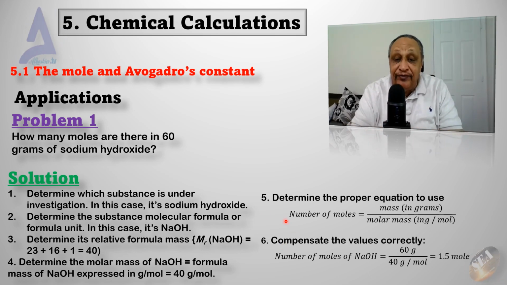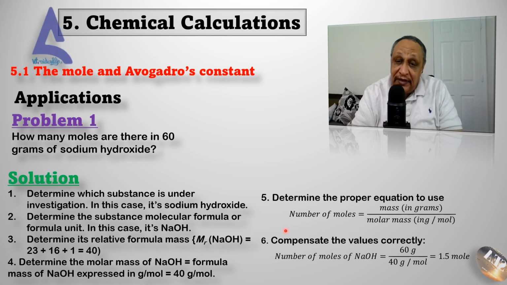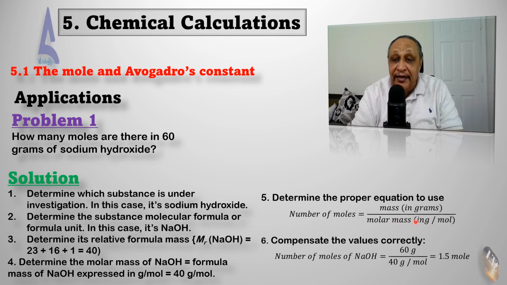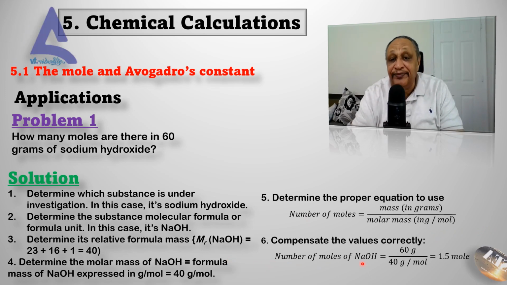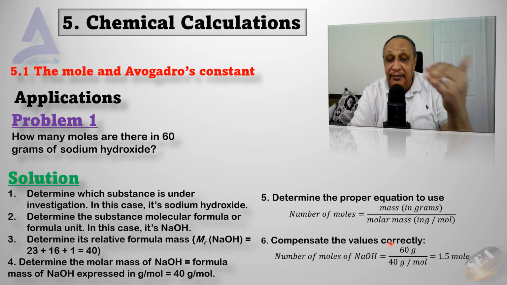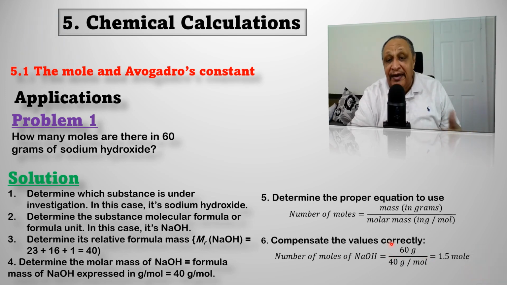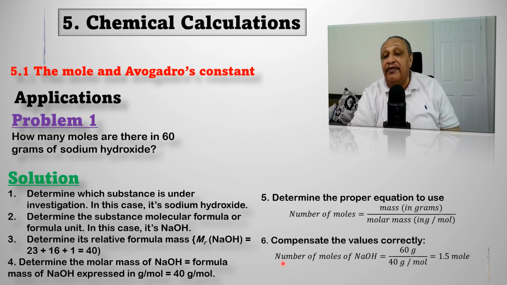So you determine the proper equation to use, which is the number of moles equals the mass in grams over the molar mass in gram per mole. Then step 6 is to compensate the values correctly, do not miss. So put the mass as 60 grams and the molar mass as 40, and this will come with the conclusion of 1.5 moles.